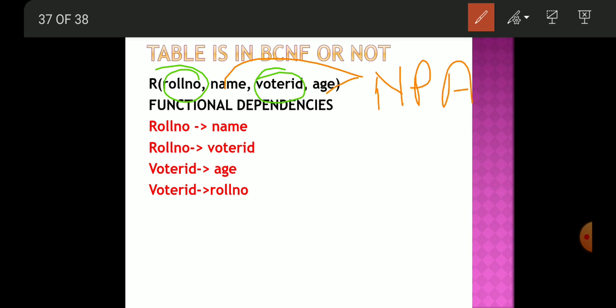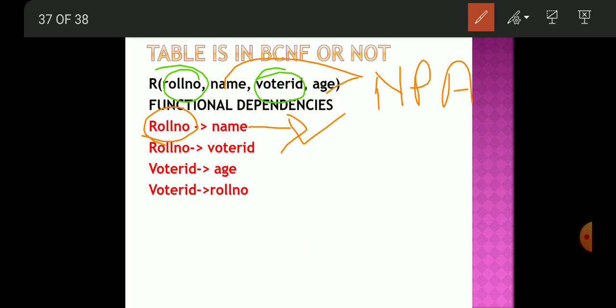Which condition? The left hand side condition: whether the left hand side is a super key or not. You can also start from third NF, but the second condition is easier than the first condition. Means first we have to check the left hand side property, whether it is a super key or not. So let's start. See, roll number is a candidate key, and definitely if it is a candidate key, then it is also a super key, right?